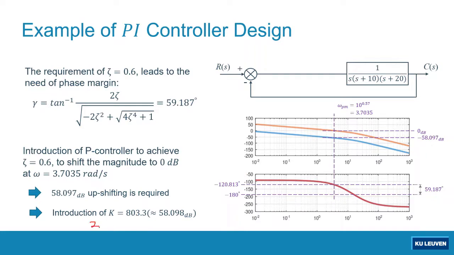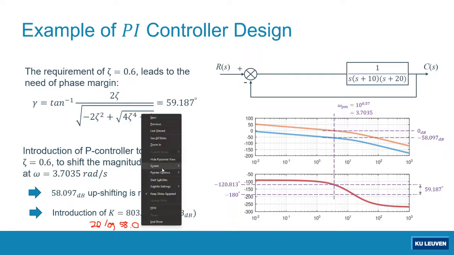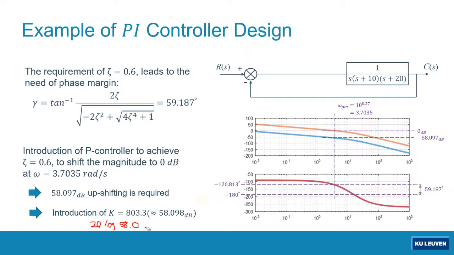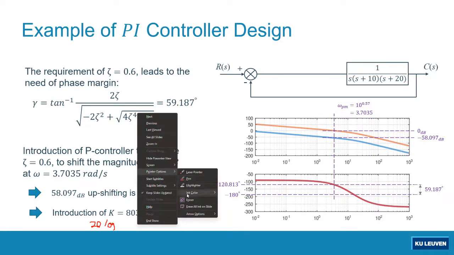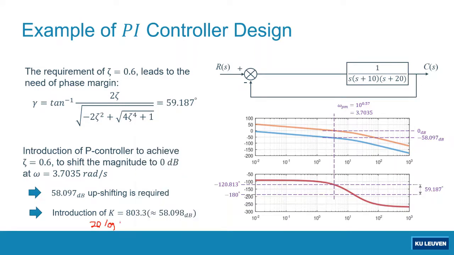You know how to calculate this, of course. dB is 20 log k. I need to erase it first. 20 log k should be equal to 58.097.